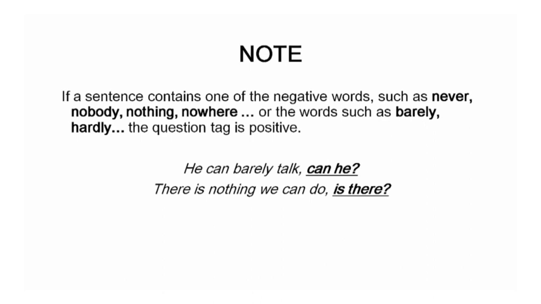Notice that we do not have can't in the question tag in the first sentence, and we do not use isn't in the second sentence, although we have is in the first part. That's because nothing is the word which makes the sentence negative, although the auxiliary verb is without that n't.